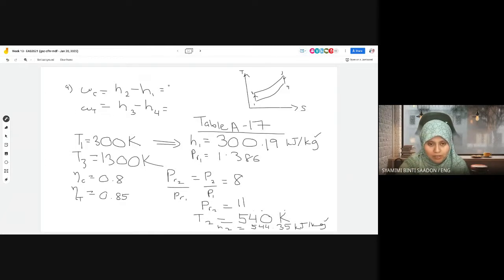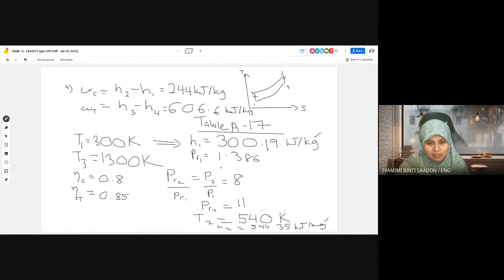So the compressor work is around 244 kilojoule per kilogram, and the turbine work is around 306.6 kilojoule per kilogram using the same method.